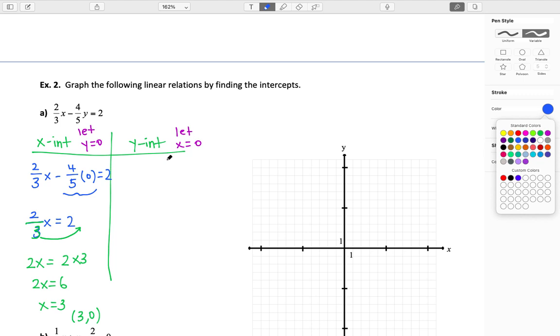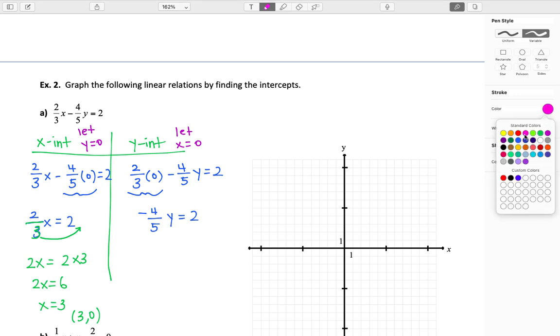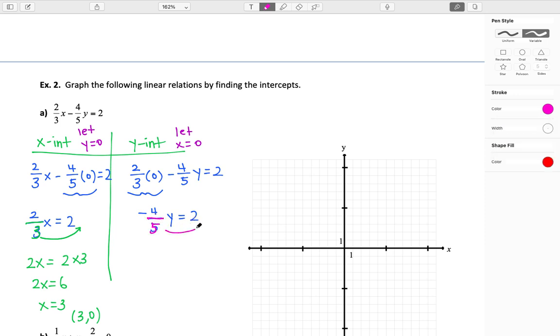On the other hand, for the y-intercept, I'm going to plug in x as 0. So this becomes 0, and I have negative 4y equals 2. Again, I'm going to bring 5 to the other side. The opposite of dividing by 5 is multiplying.